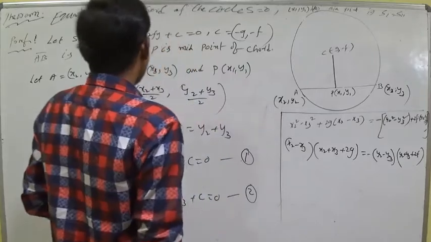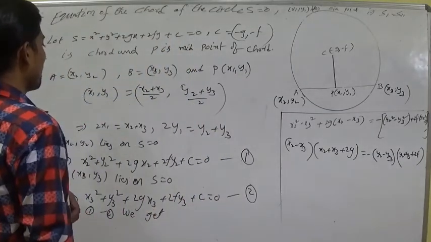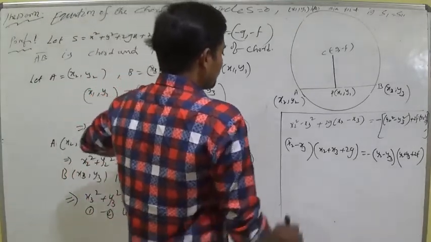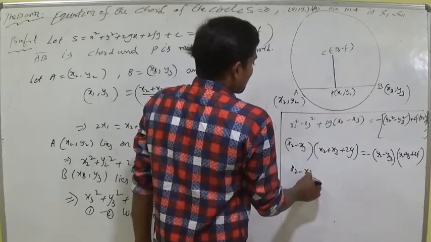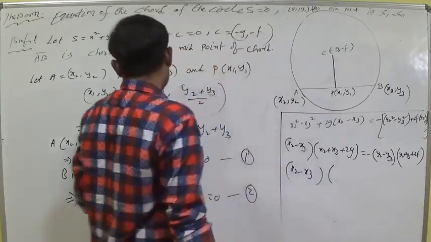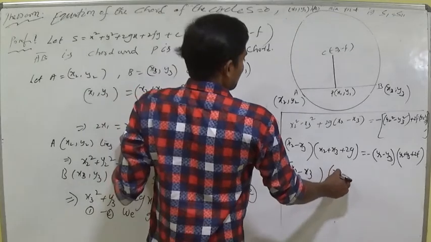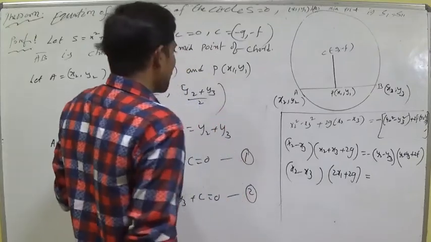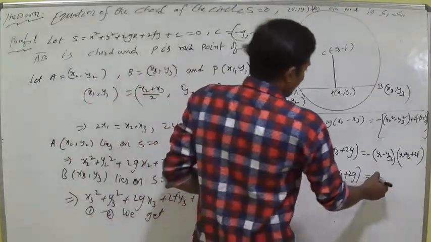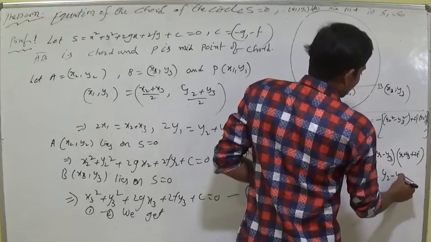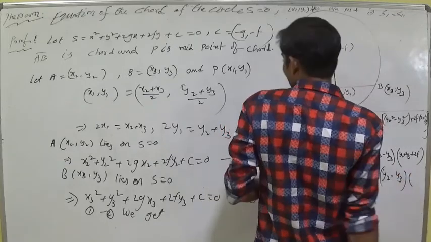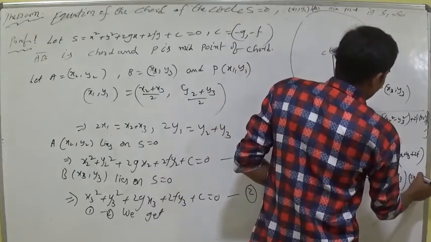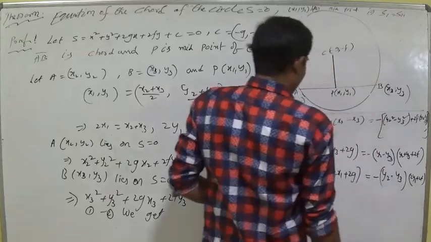Now here x2 plus x3 equal to 2x1, so 2x1 plus 2g equals minus of (y2 minus y3) into (y2 plus y3 is 2y1), right, 2y1 plus 2f.